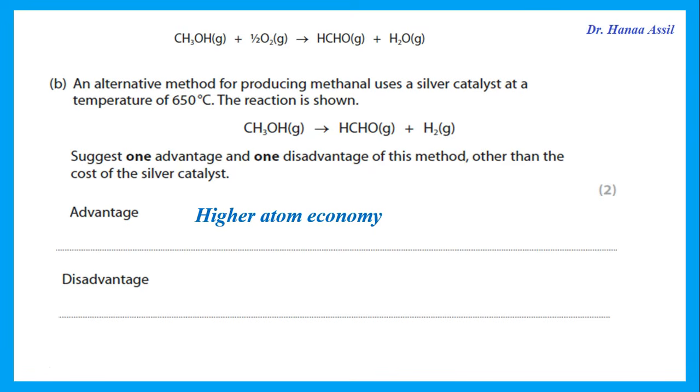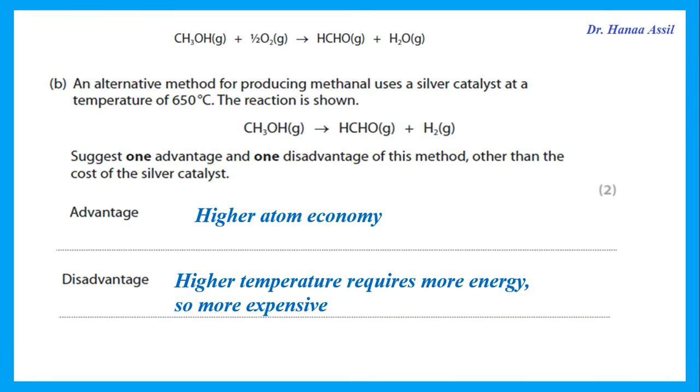So of course in the second equation, the Mr total of all the products would be less than that first equation up there, so it would have higher atom economy. But what is the disadvantage? Remember, the second equation is working at 650 degrees Celsius. The higher temperature would require more energy, so this method would be more expensive.